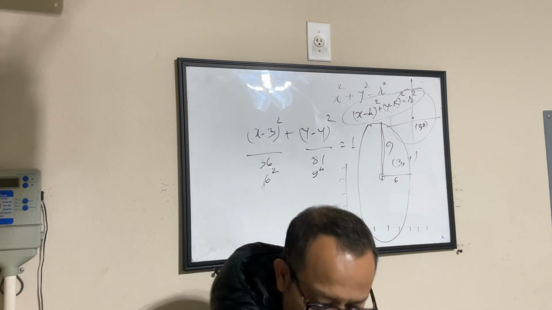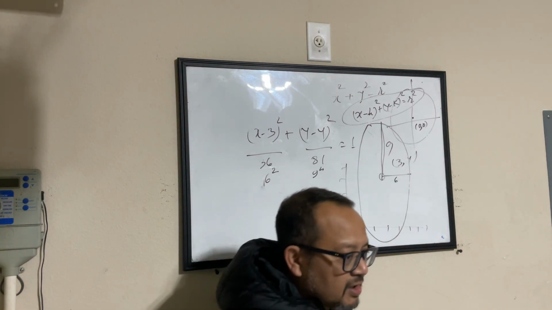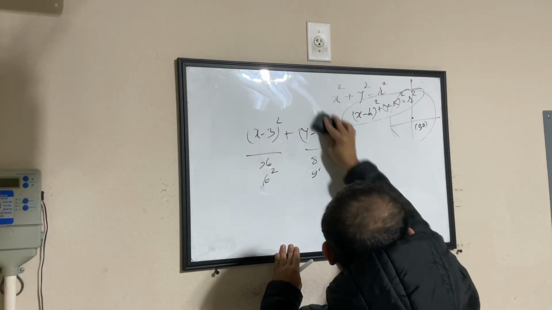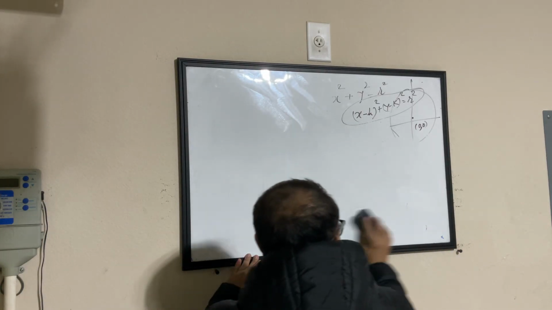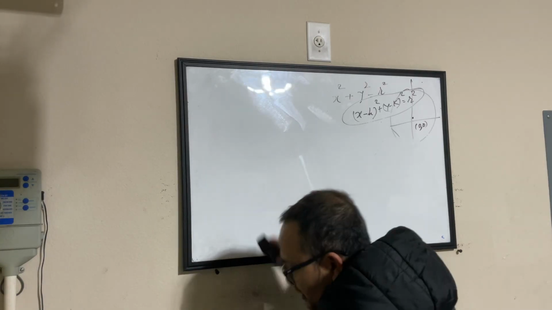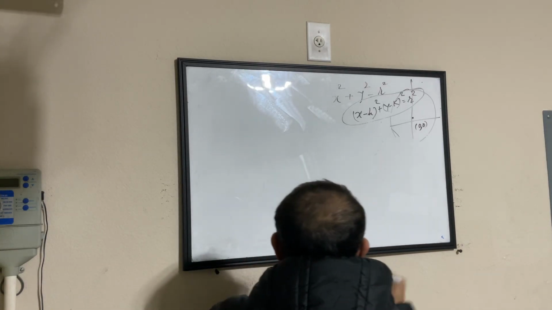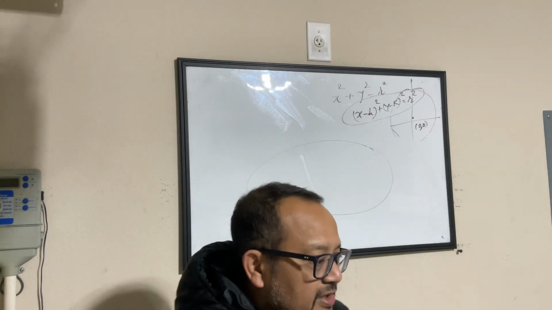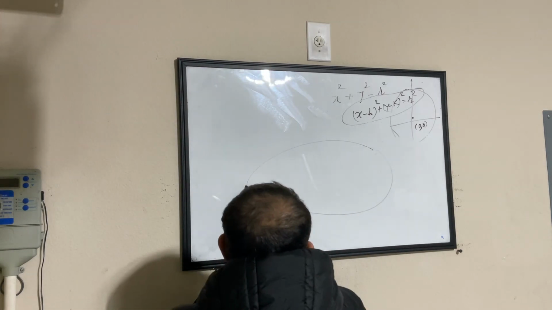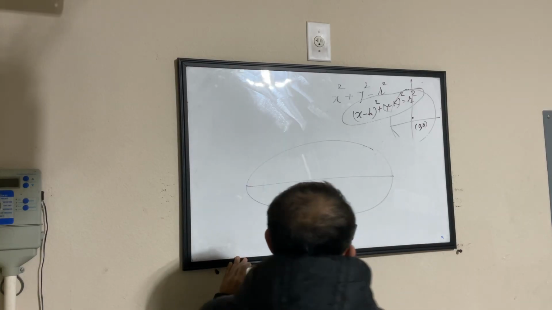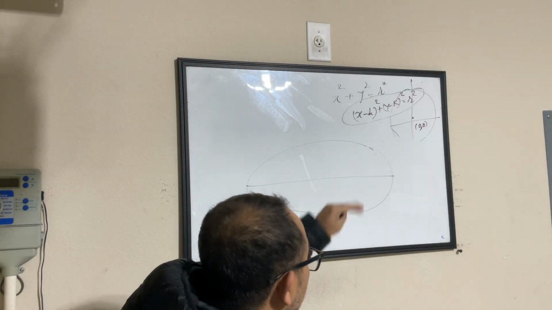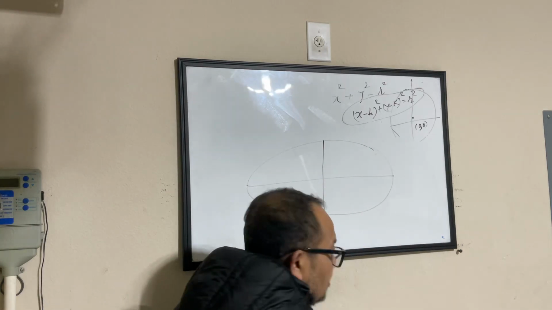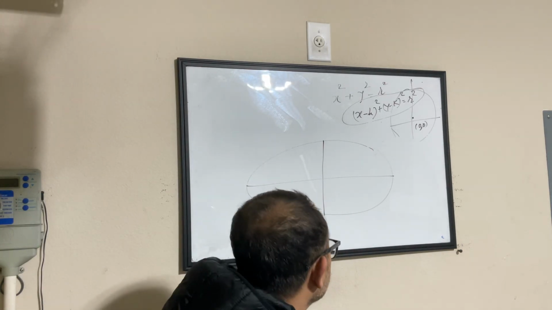Now we also touched upon a very unique property of an ellipse, which is called the foci or the focal points. Meaning, if you have an ellipse, it has a very interesting property. Let's say this is your horizontal or major axis, and this is your vertical or minor axis.